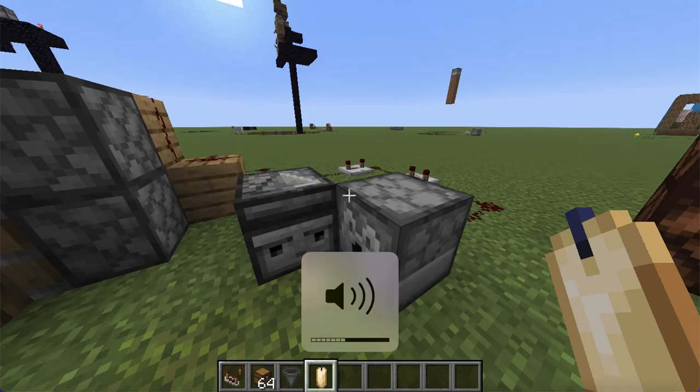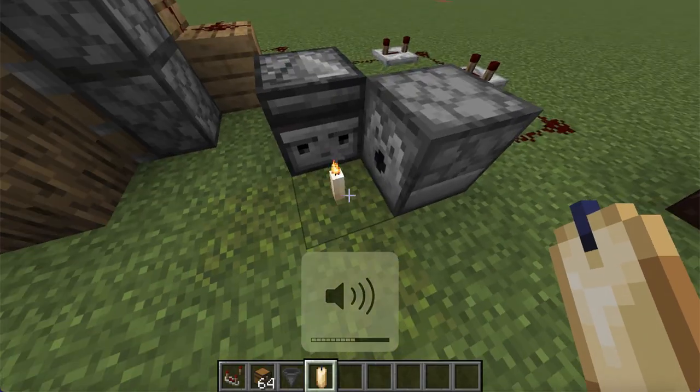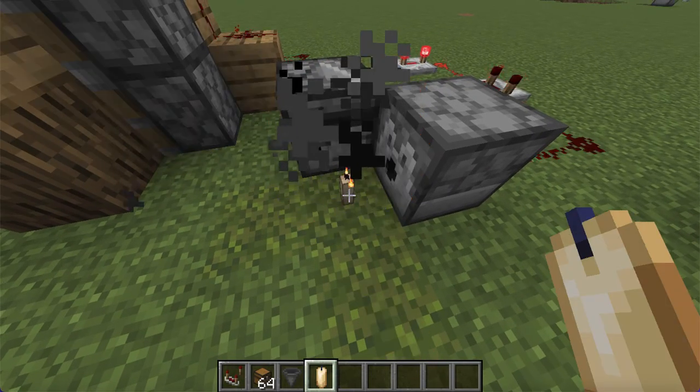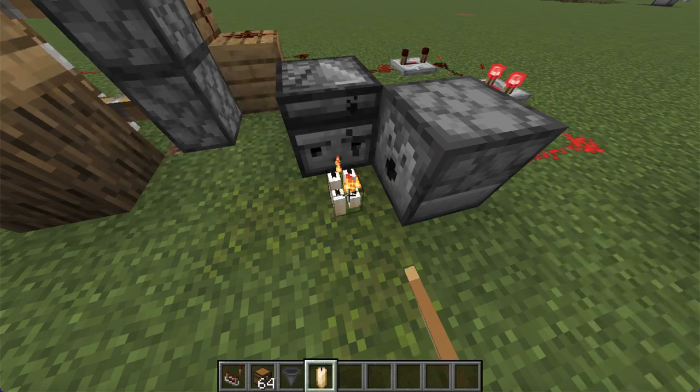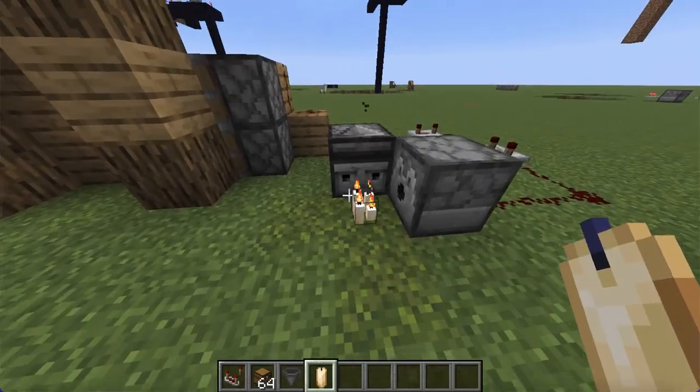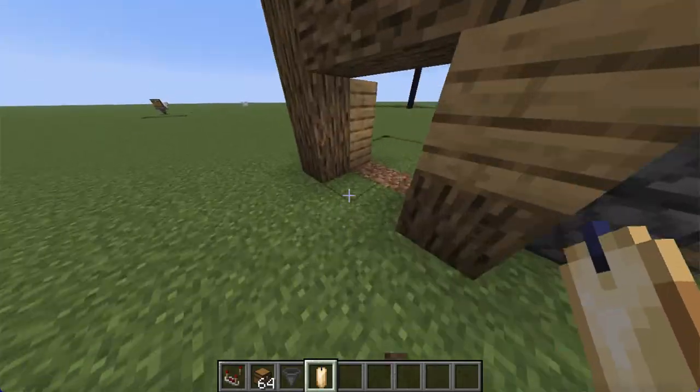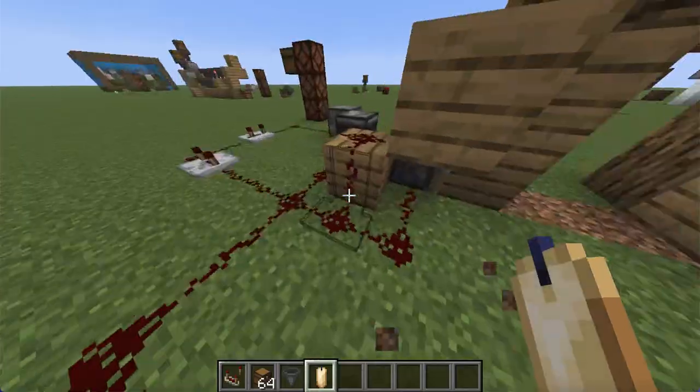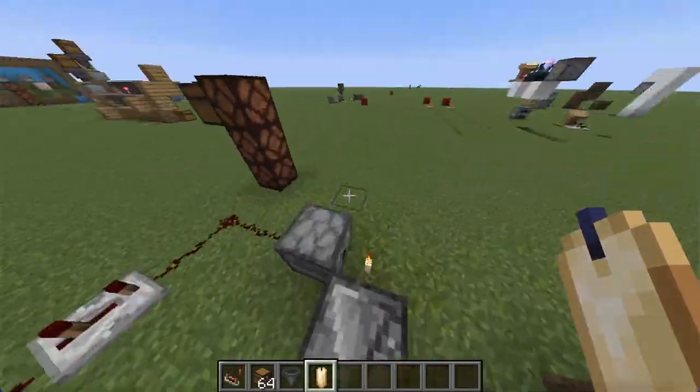Which reminds me, this volume is actually not that loud. Okay. So how could we work this out?